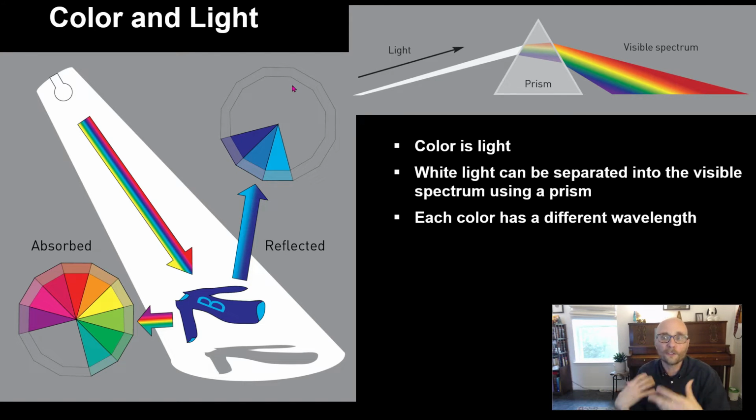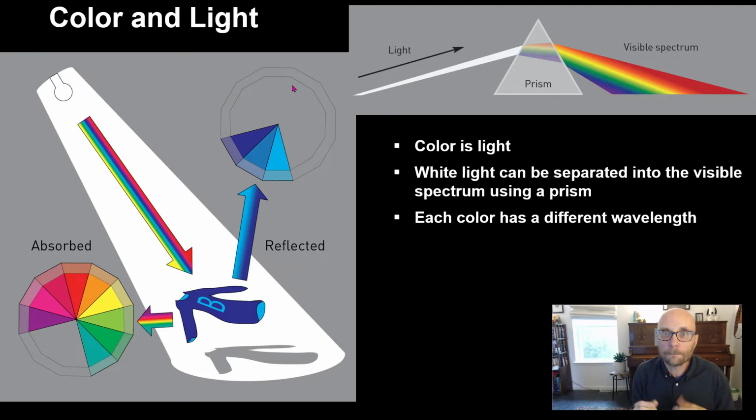So how does color work? Well, each color has a different wavelength, right? And objects either absorb or reflect those different wavelengths. So I'm wearing a blue shirt, and the reason you're seeing a blue shirt is because white light, which contains all of the colors, is hitting my shirt. And my shirt is absorbing all of those colors except blue, and it reflects that blue back at you.